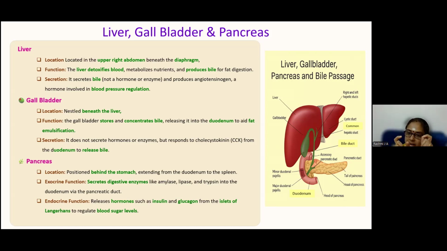Where it is secreted and where it acts are both very close by. It will travel through a duct, which means a tube-like structure. So the pancreas will release the pancreatic juice and it will go into the duodenum, which is very close by. So this is exocrine function.